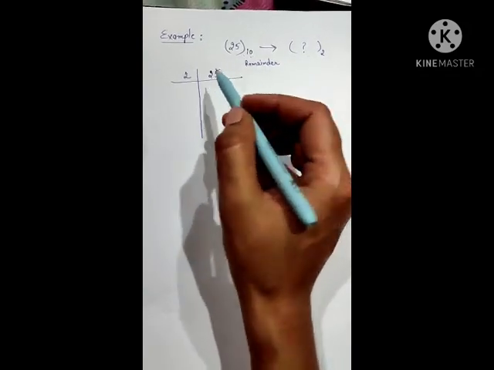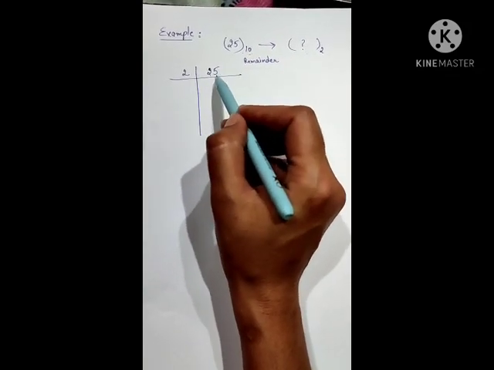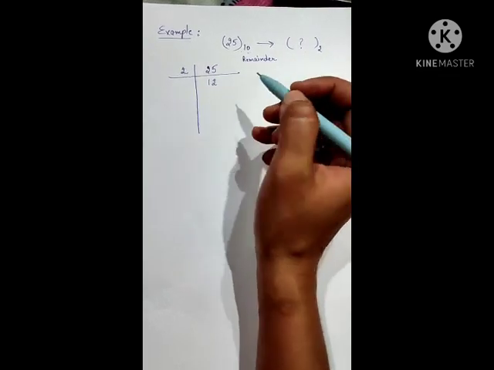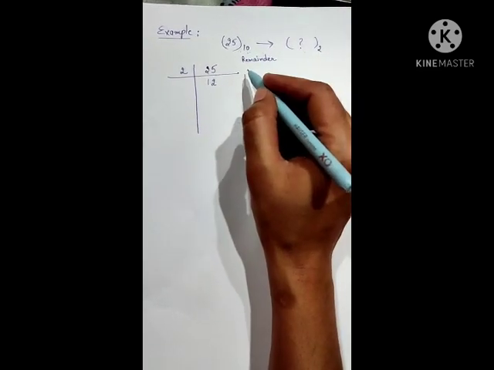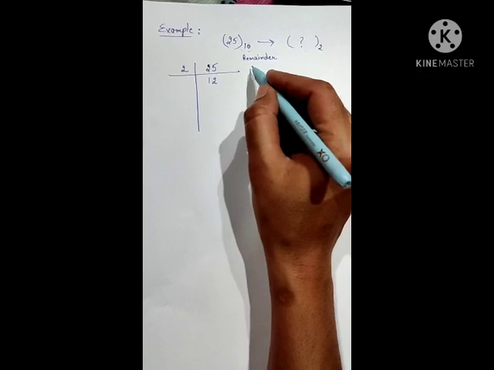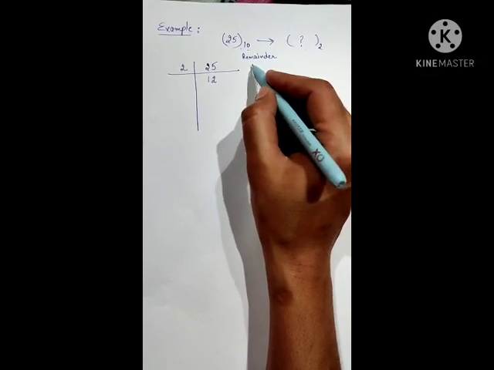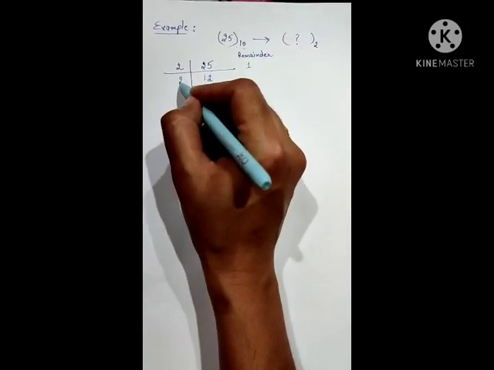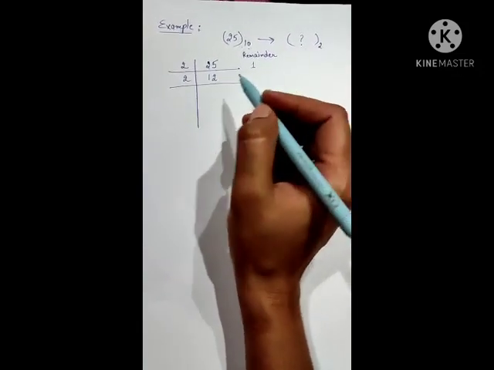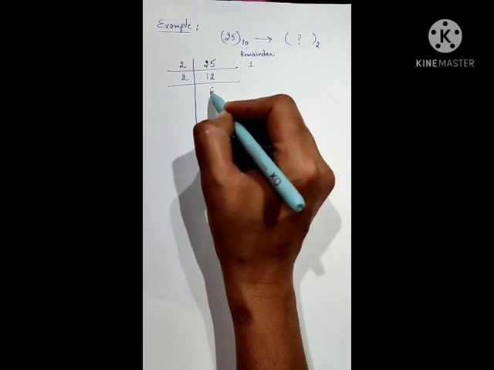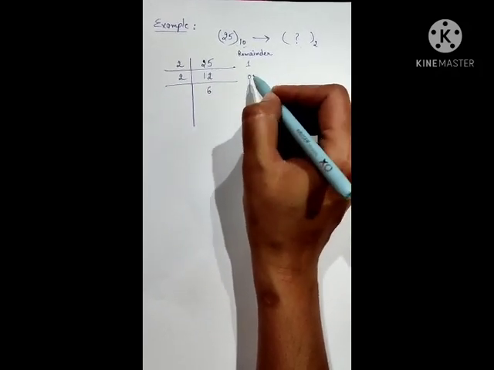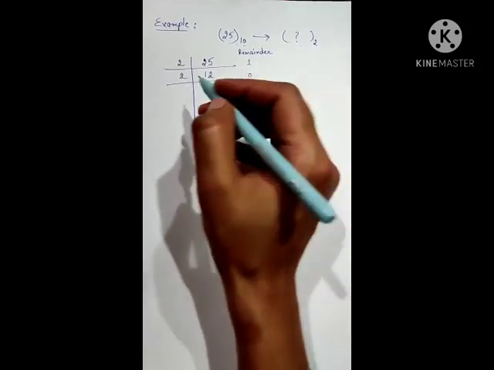We divide 25 by 2, write its quotient, and what is the remainder? The remainder 1 is written here. Again divide this number by 2, 6 2s are 12. What is the remainder? 0.